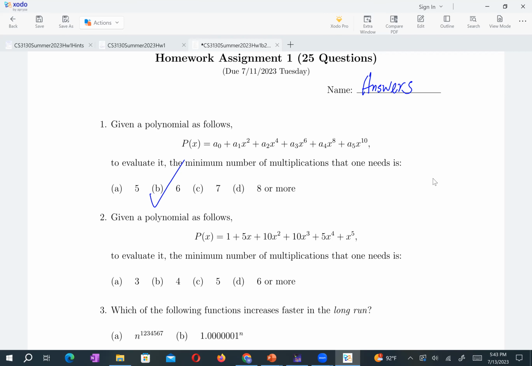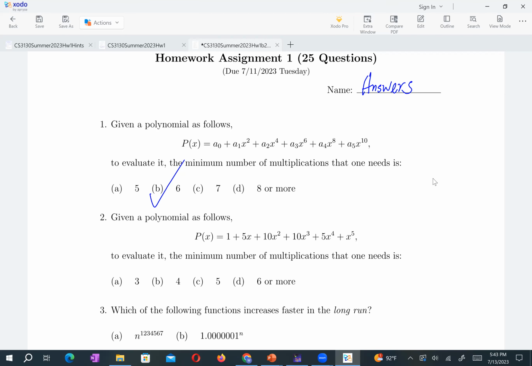The first step, first, you need to pay attention to the special structure in X squared. All the terms have even power. That special structure is useful. Do not ignore it.